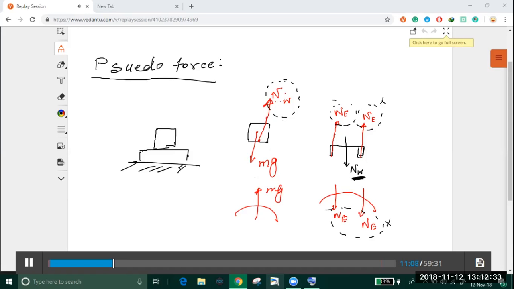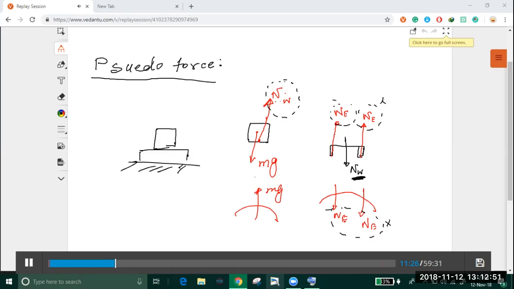So it is the normal force because of which the weighing machine is showing the reading, right? It is not because of the weight. Weight has no role over this deflection, right? Okay.